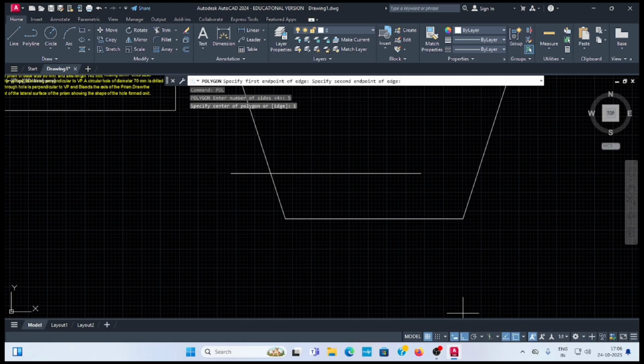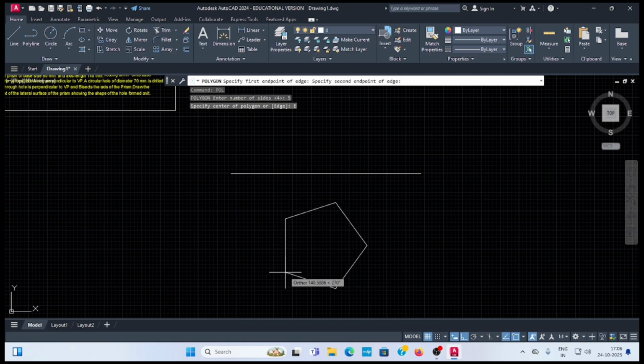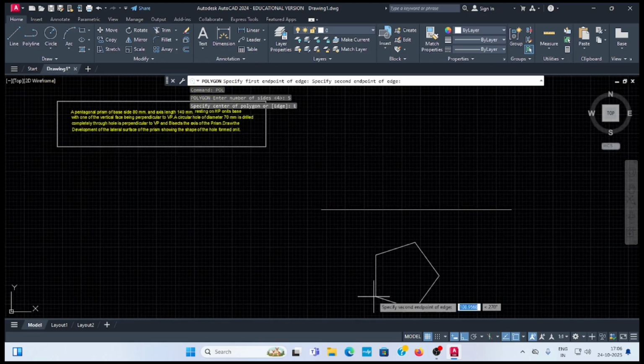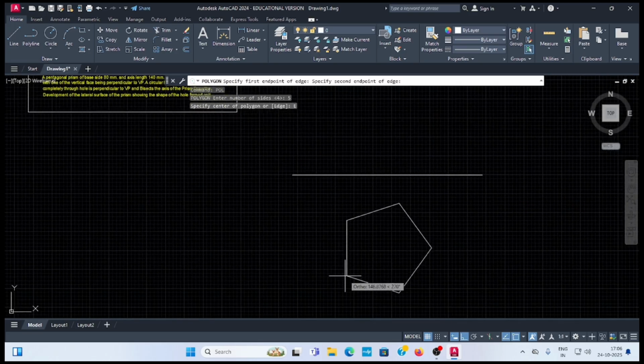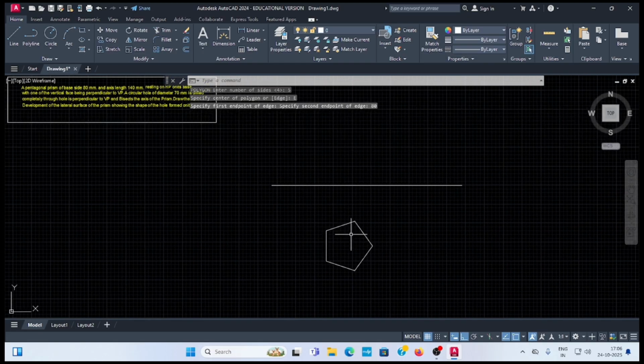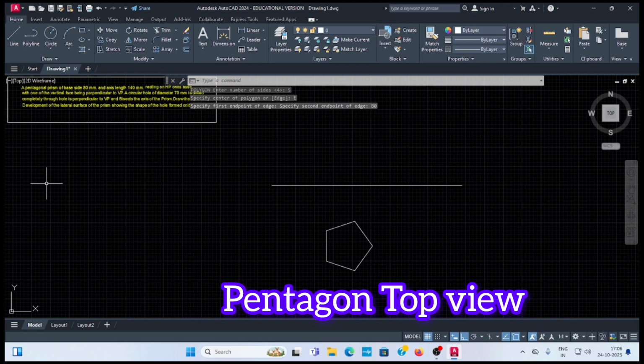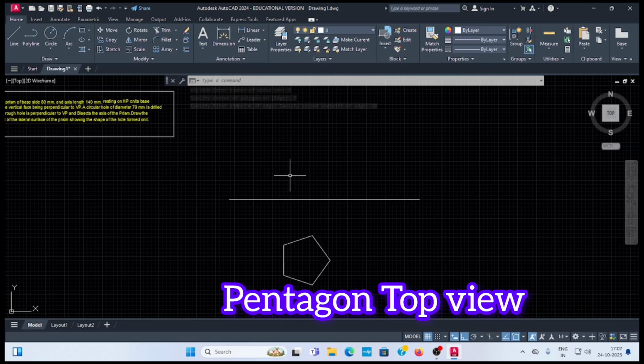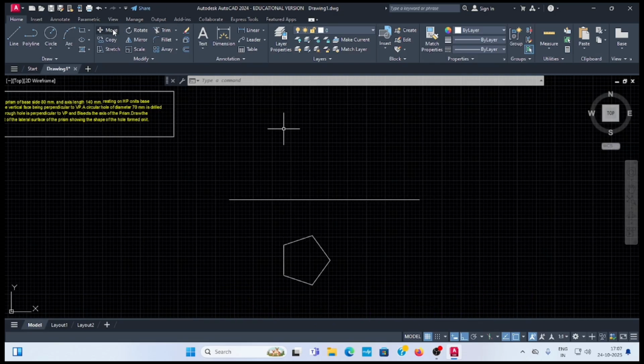That is very important. One of the edge lengths is perpendicular to VP, so you keep it like this, and the edge length is as per the question, base side 80 mm, 80, enter. Draw the pentagon like this first. I move the pentagon near the reference line.